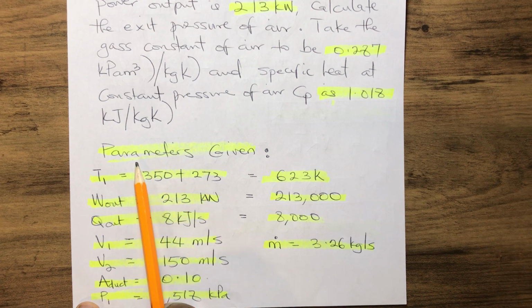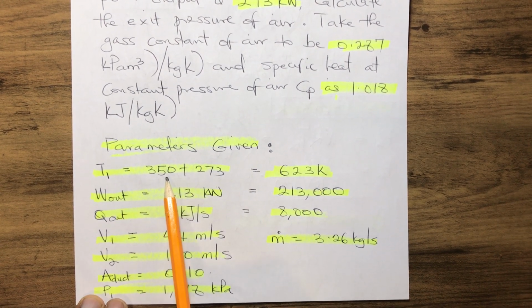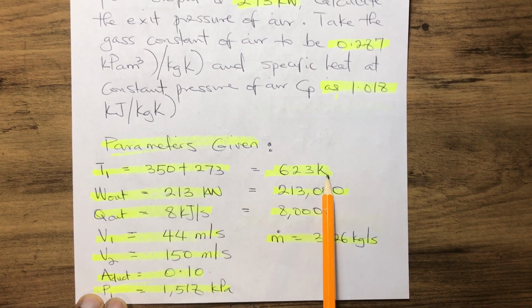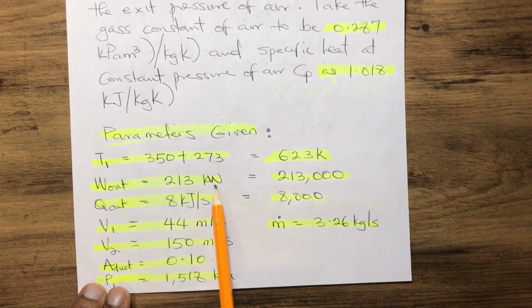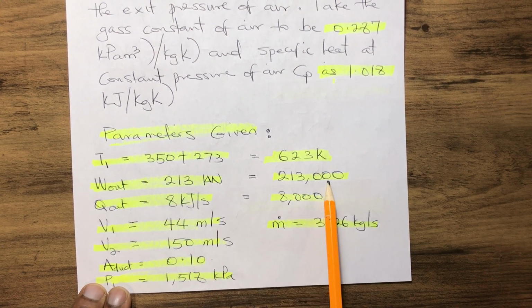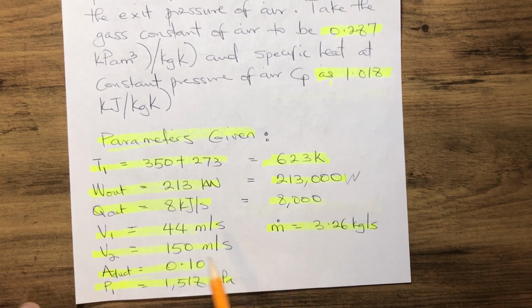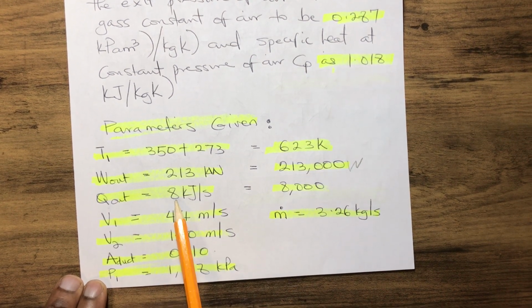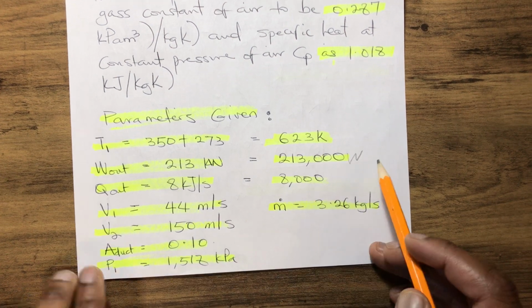Our given parameters: T1 equals 350 Celsius plus 273, which gives us 623 Kelvin. Our work out, which is 213 kilowatts, gives us 213,000 watts. Our Q out, which equals 8 kilojoules per second, will give us 8,000 watts.